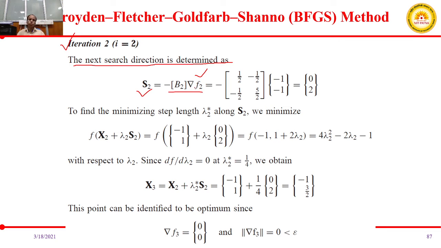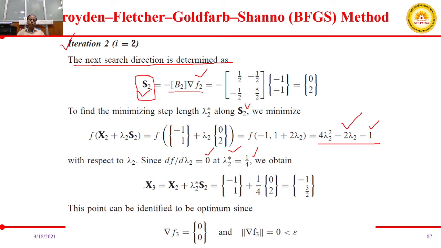Once you have identified the search direction, the process is clear: you need to calculate the optimum step length along the search direction S2. So f of x2 plus lambda 2 S2 will come to 4 lambda 2 square minus 2 lambda minus 1. Take the derivative of this function with respect to lambda 2 and equate it to 0. You will get lambda 2 equal to 1 by 4.